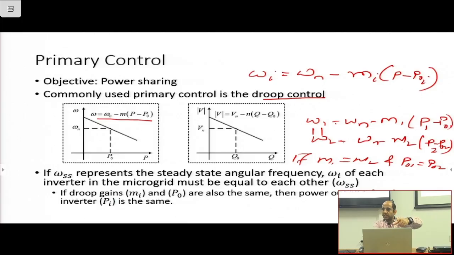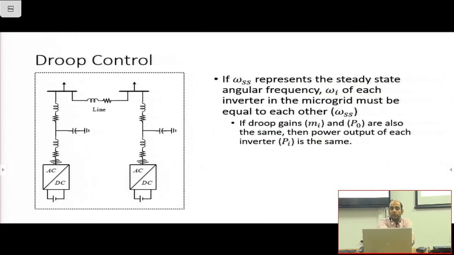The frequency changes lead to angle change, the angle changes, the power changes, and the power is exchanged between multiple sources like this. For example, here two sources. What we are told is that when you change the frequency, the integration of omega 2 minus omega 1 dt is basically your angle, right?